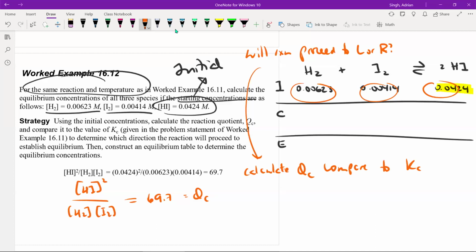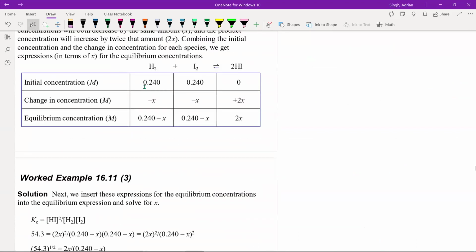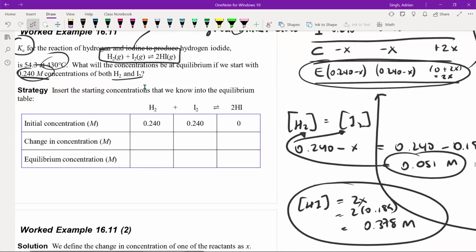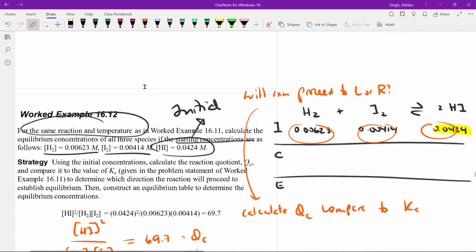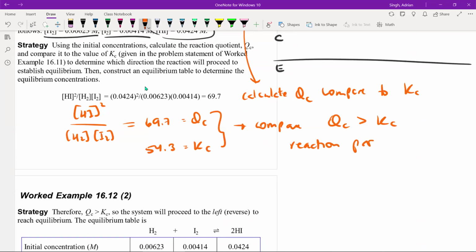If we compare it to the value for Kc, the equilibrium constant, which we were given as 54.3, we see that Qc is greater than Kc. According to what we mentioned previously, this reaction will proceed to the left, or to the reactant side.